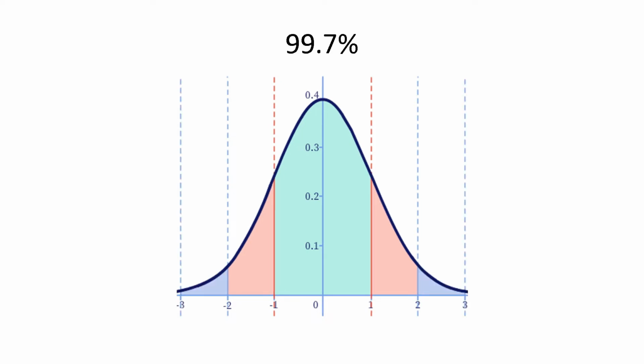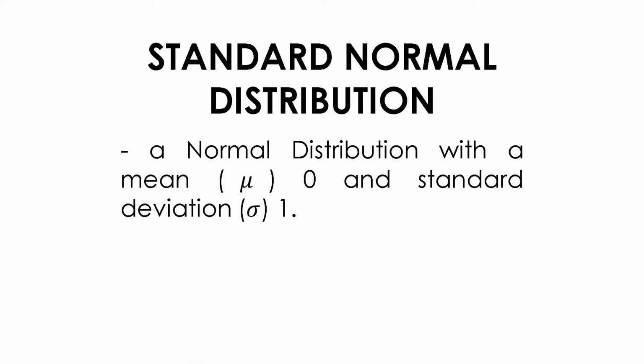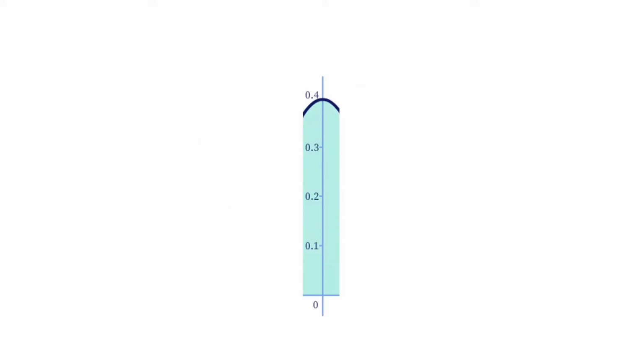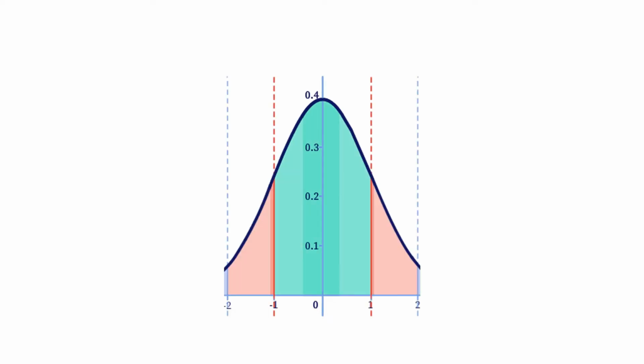And nearly the entire distribution, or about 99.7% of the area under the curve, falls within 3 standard deviations of the mean. A normal distribution with a mean of 0 and standard deviation of 1 is called a standard normal distribution. A standard normal distribution is always centered at 0 and has intervals that increase by 1.